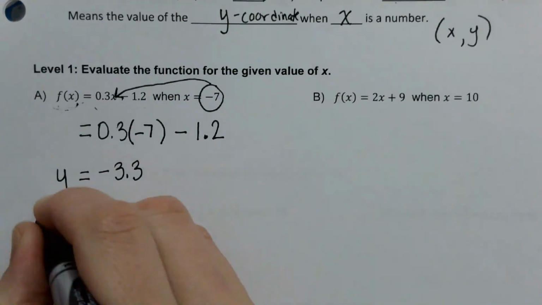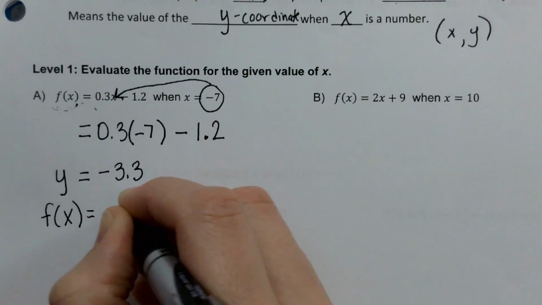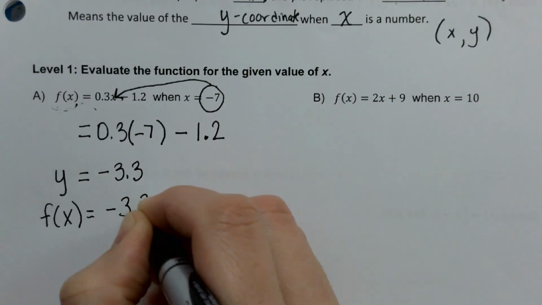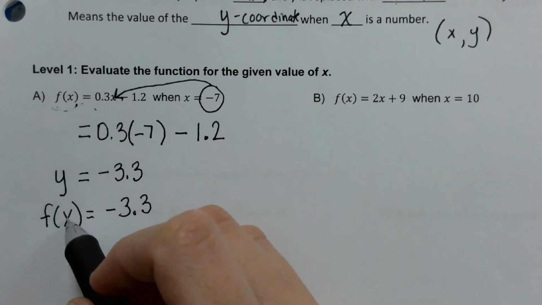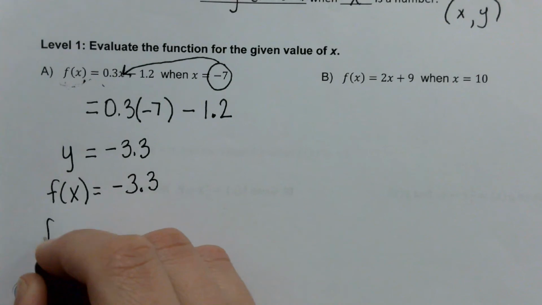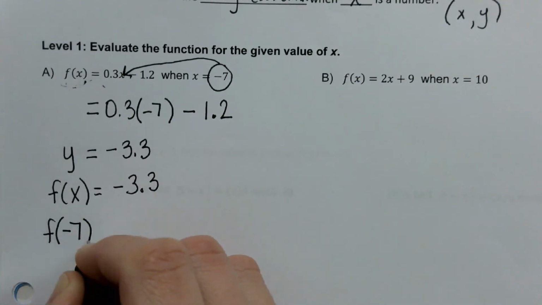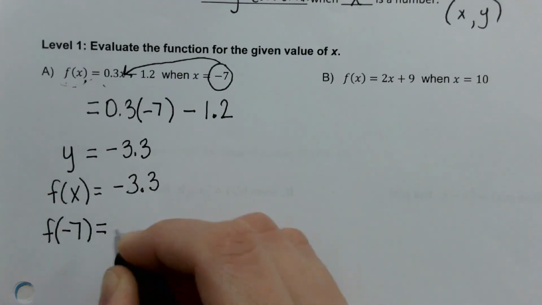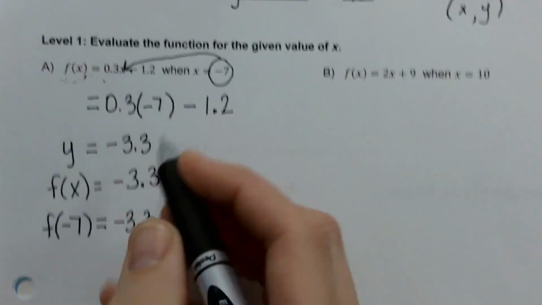So f of x equals -3.3. And then we're going to take that even further, and x was actually, remember we replaced x. So my function, when I put in -7, gave me the answer of -3.3. And we circle.